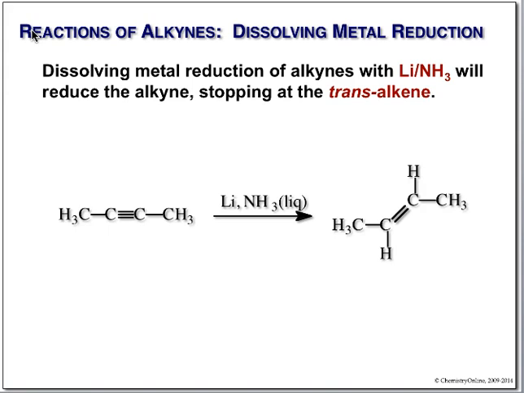Remember, cis is less stable than trans, because in a cis, the alkyl groups bump into each other, and the trans are as far apart as they can get. Therefore, the dissolving metal reduction gives us a trans alkene.